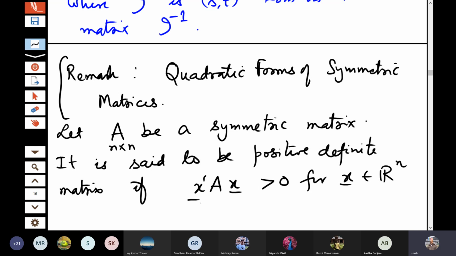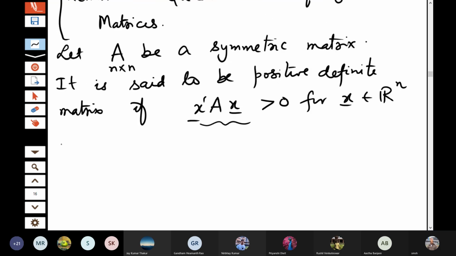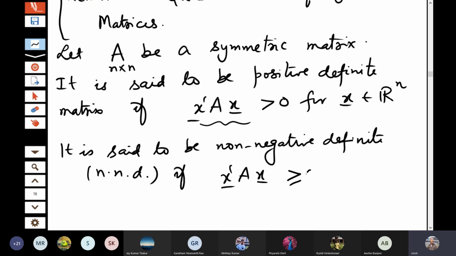This x prime Ax is called a quadratic form. It is said to be non-negative definite if x prime Ax is greater than or equal to 0 for all x belonging to R^n.